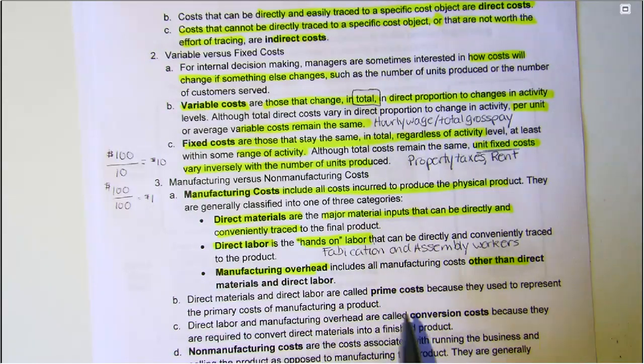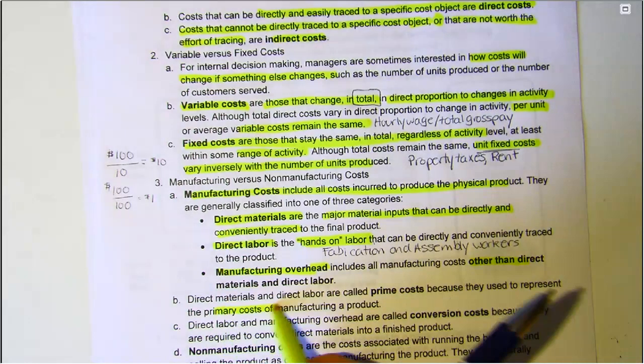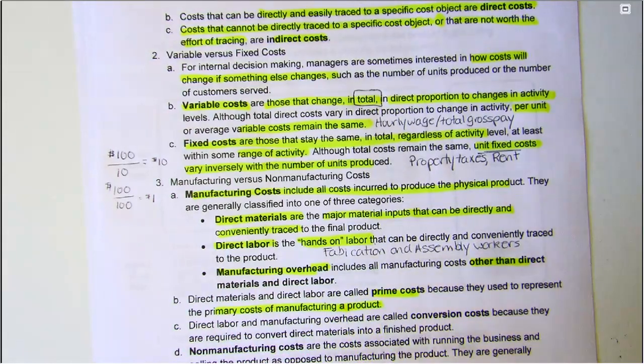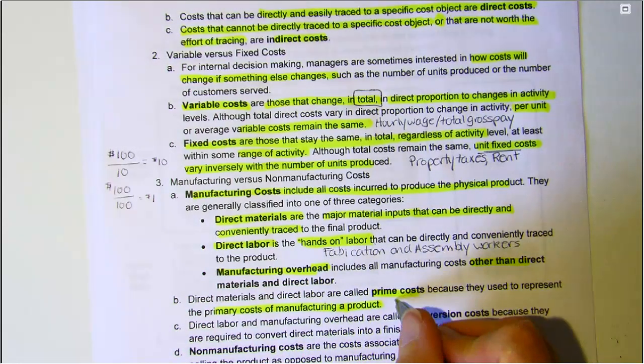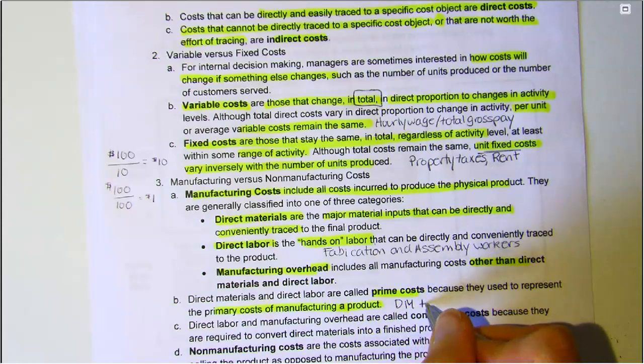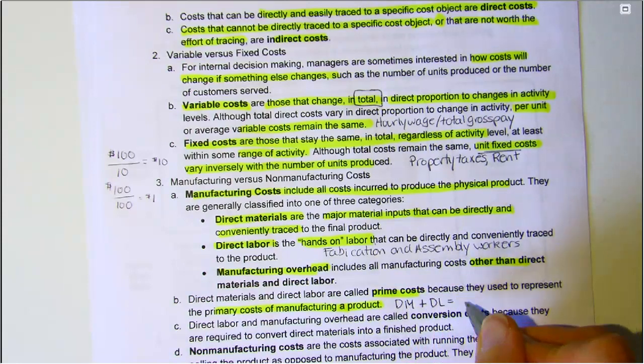Now, direct materials plus direct labor added together are called prime costs because they represent the primary costs of making the product. So when we add direct materials plus direct labor, that gives us the total prime cost.